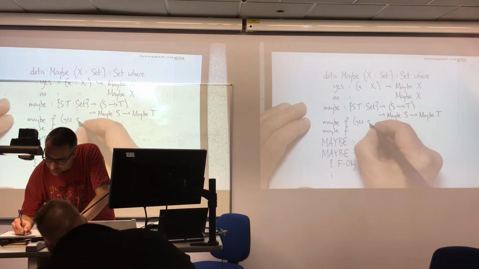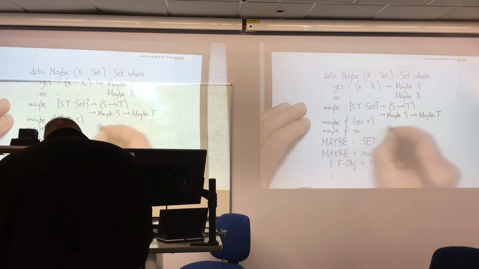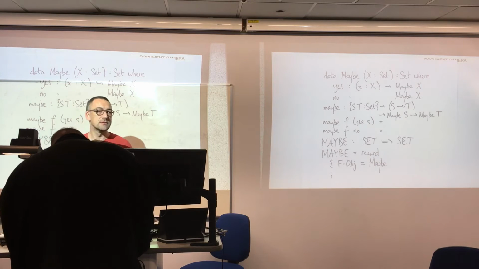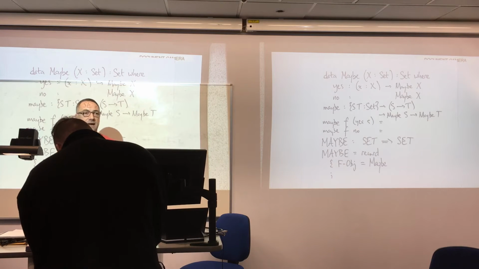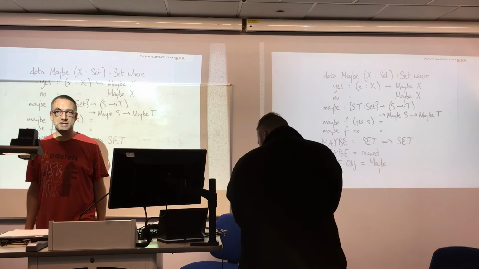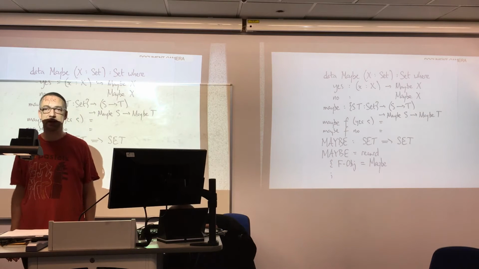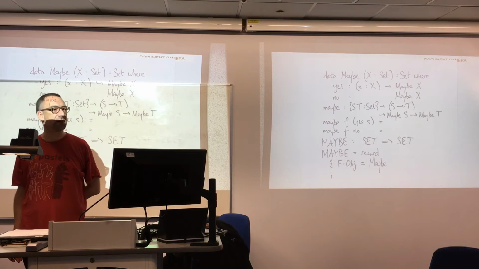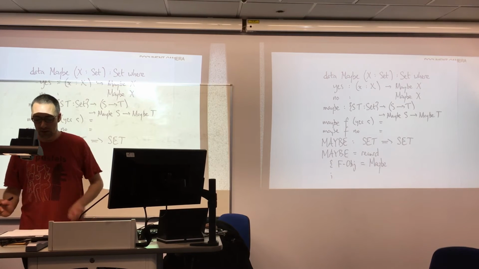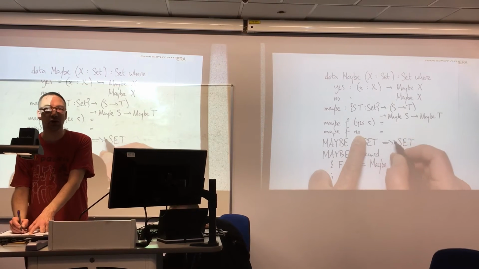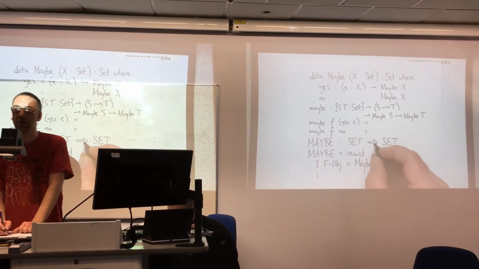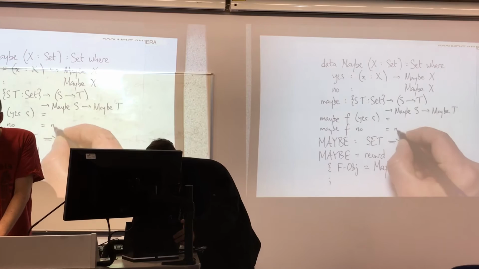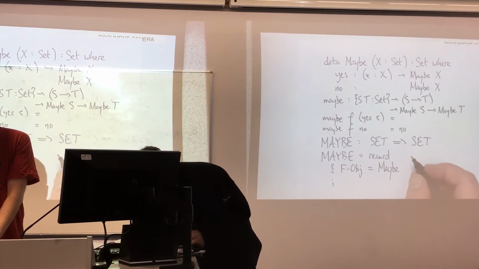In one case we'll have yes, S, and in the other case we'll have no. So the idea is we post-process a successful result if we get one. But there's nothing we can do to recover from failure. So if our maybe input says no, what should we give as the output? No. There's nothing else to do. Sorry, that's to say, you are correct. The output should be no.